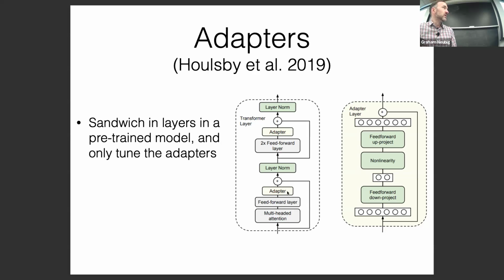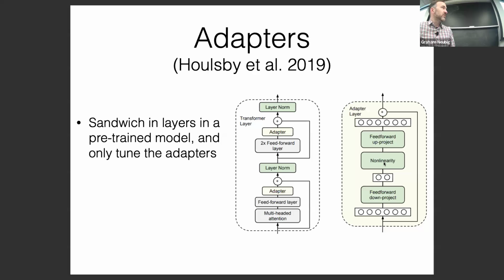So what adapters do is they add yet another layer right here. And you freeze the things that are in gray here, like the feed-forward layer, multi-headed attention, but only train this adapter. And the way the adapter works is you have a standard large representation vector here, and you have a feed-forward down projection that down projects to a very small number of nodes here.